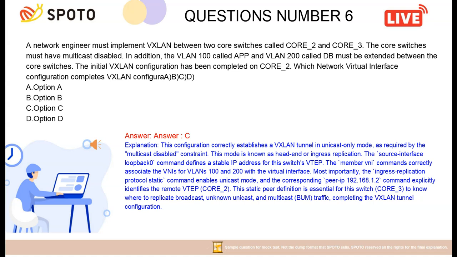Most importantly, the ingress-replication protocol static command enables unicast mode, and the corresponding peer-ip 192.168.1.2 command explicitly identifies the remote VTEP, core_2. This static peer definition is essential for this switch, core_3, to know where to replicate broadcast, unknown unicast, and multicast, BUM, traffic, completing the VXLAN tunnel configuration.